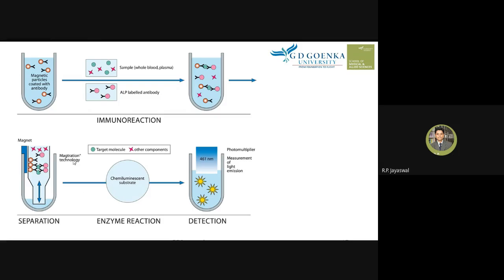Now this is what happens: the magnetic particles coated with antibodies are adsorbed on the surface of the vial. Then we add the sample and the secondary antibody. The reaction takes place, the sandwich formation takes place, and after that we add other materials which produce the chemiluminescence substrate.